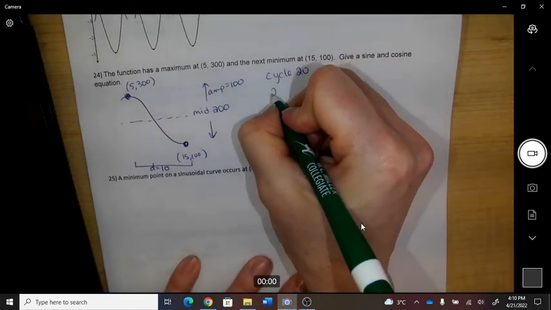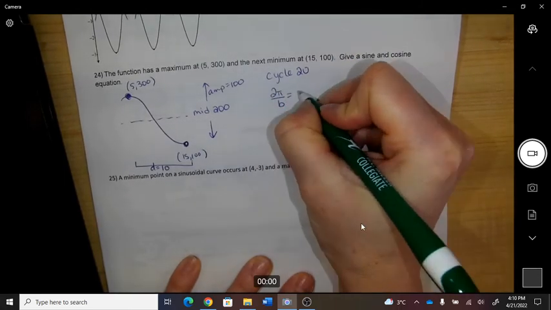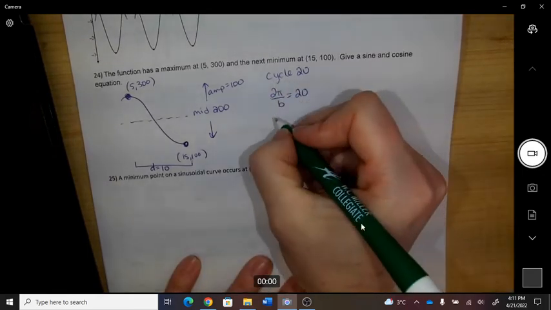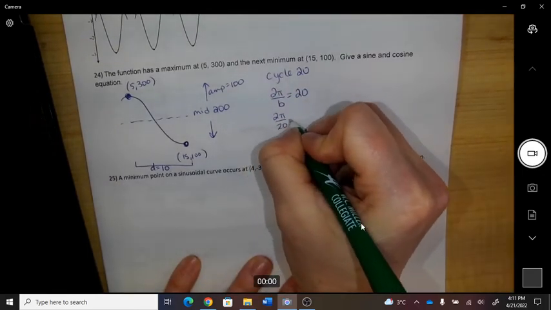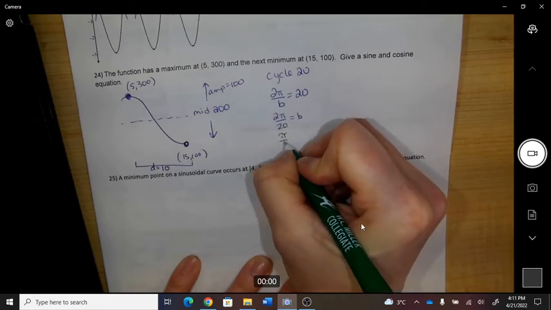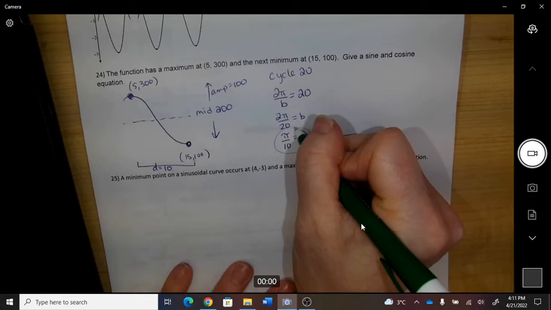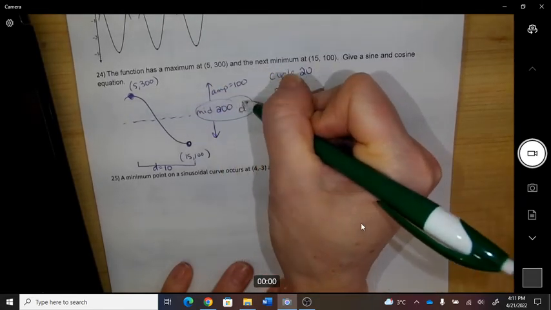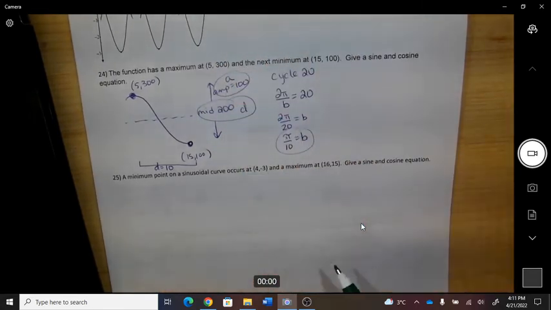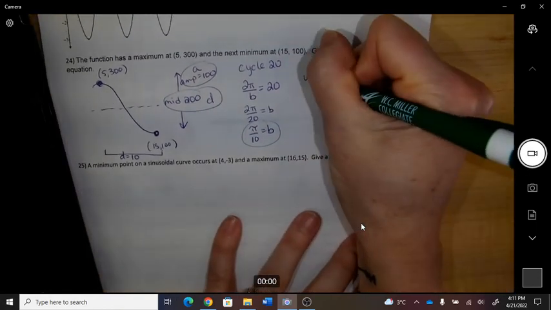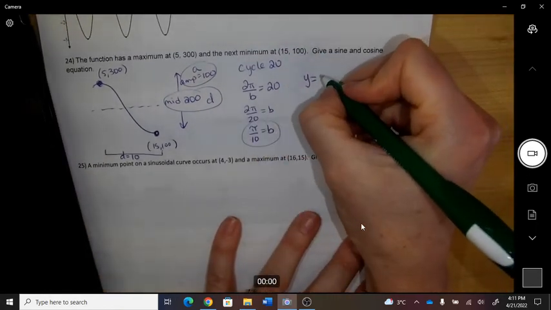And so I'm going to go 2 pi divided by some b equals my period. I'm going to switch those and get a b value. Okay, so I have a b, I have a d, I have an a. So now we're going to fill those in for both sine and cos, but we're going to talk about our shifts after this.